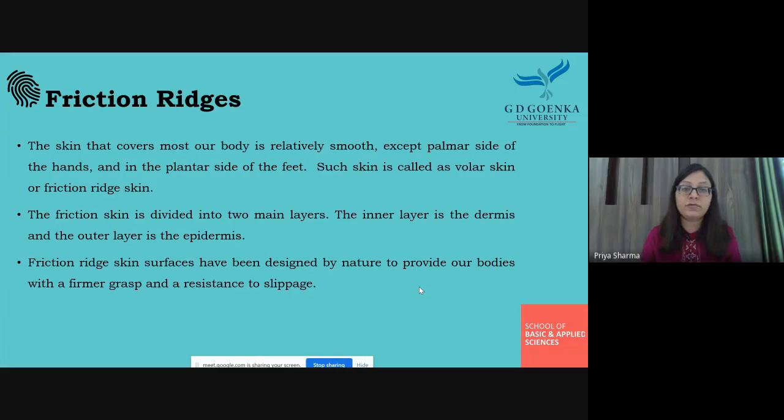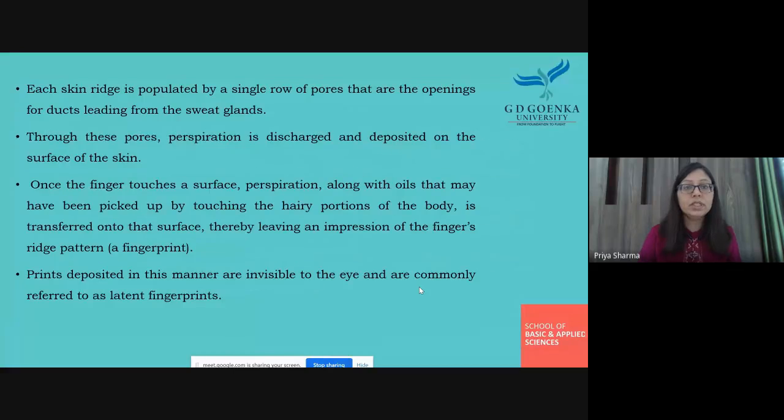This skin is further divided into different layers: the dermis, and the outer layer, the epidermis, which will give us the impressions. This epidermal ridge is populated with rows of pores. Basically, these pores have openings which lead to the sweat glands. These sweat glands help in perspiration.